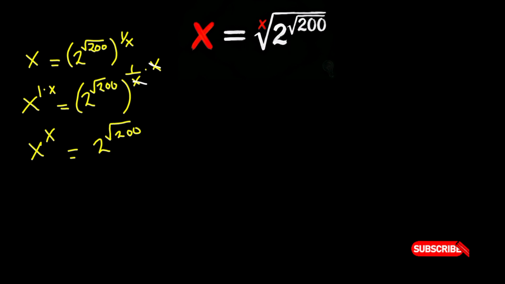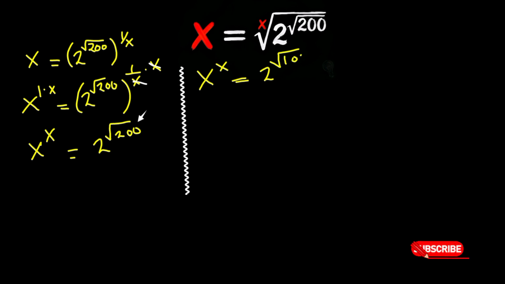Right? That's correct. Now, moving further, we can use a simple law of surds and simplify this root right here. 2 to the power of square root of, we can rewrite 200 as 100 times 2.